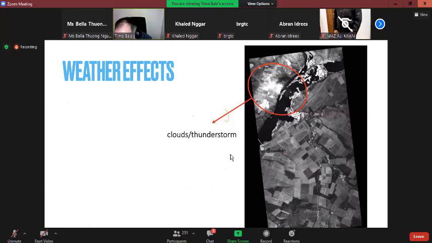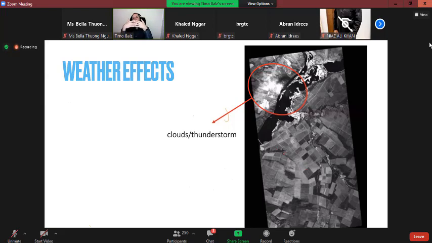Weather effects. This one is actually the very first TerraSAR-X image taken. And what we see here in the red circle is actually clouds and a thunderstorm. Now, I need to mention that because you're going to read that a lot, and I also said it: SAR images are weather independent.